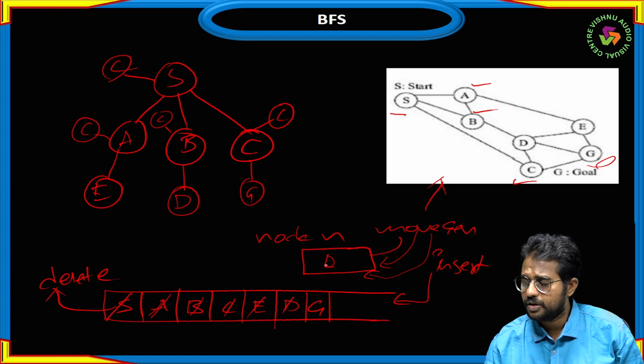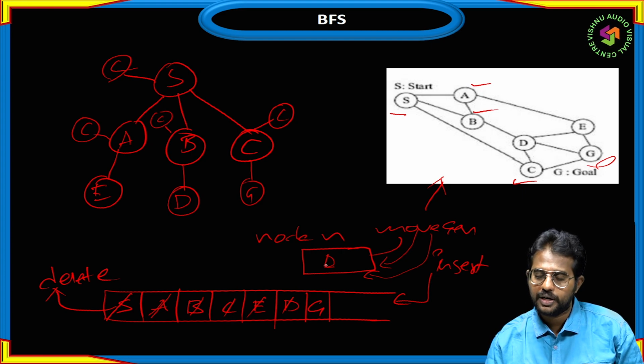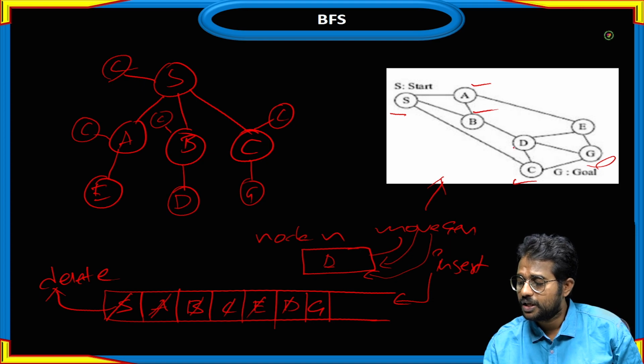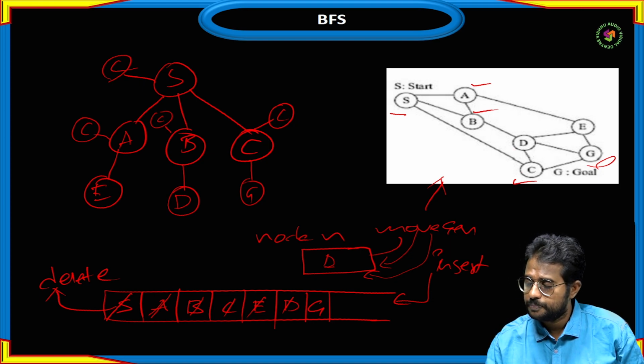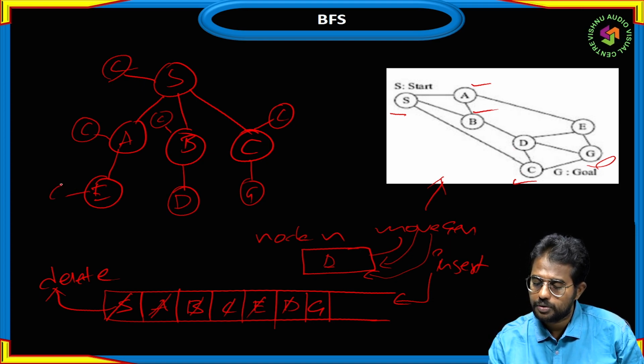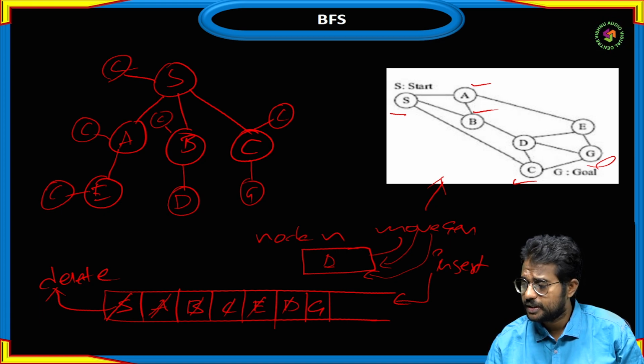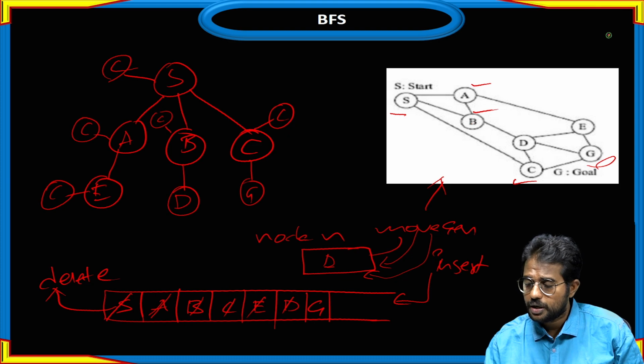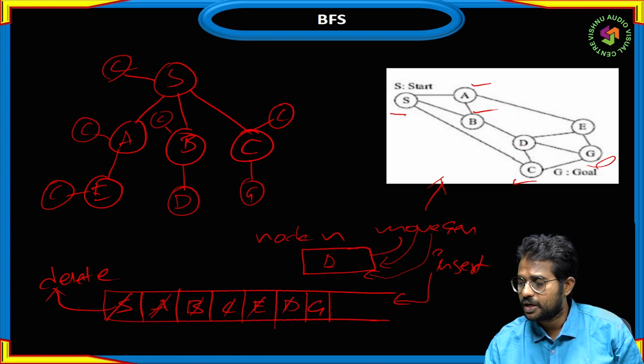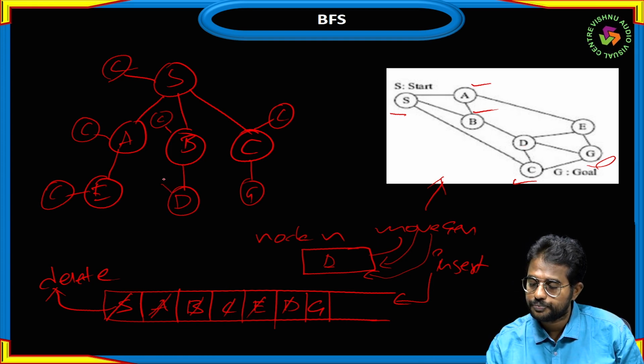It will be false, and I have to apply the Movegen function on D. The reachable states from D are B, C, E, G. B, E, and C are already in closed, and G is already added to the open. So I am not going to add any successors of D because they are not newly generated successors.